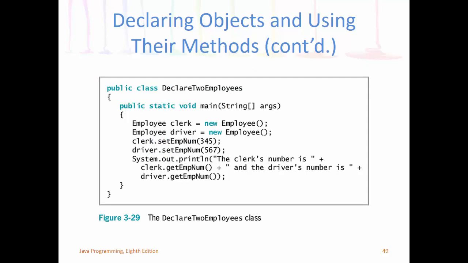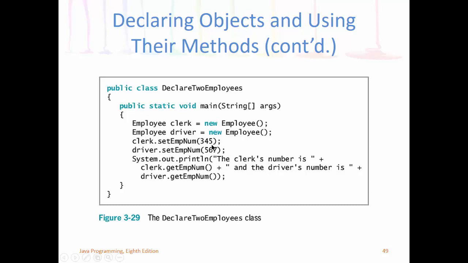All right, some of this is a bit of a repeat of what I've already shown you. You can see that right inside the main method they created a clerk and a driver. They're both new employees. And then for each one of those, they're setting the employee number. And notice the syntax. Clerk is an object now.